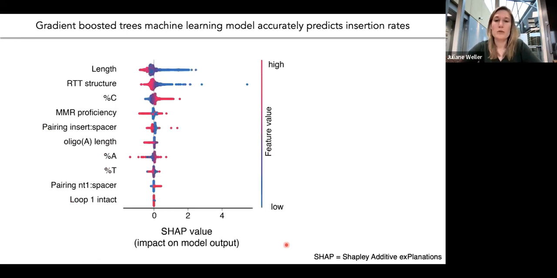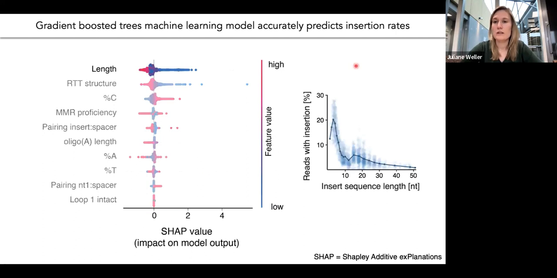The model can be used to understand how computationally the score is predicted. And here you see the different features we used, sorted by their feature importance, and then a value that indicates how it impacts the model. So if it's a positive SHAP value, that means that the model predicts a higher insertion efficiency, and negative SHAP values mean lower predicted insertion efficiency.